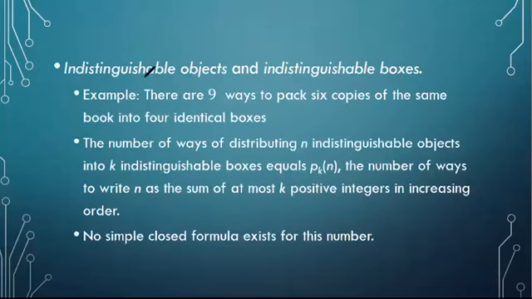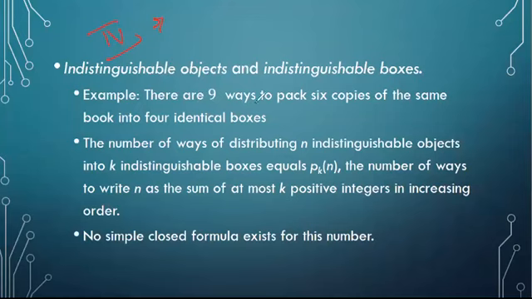Similarly, for the last case where both the objects and boxes are indistinguishable, there is no formula. This is your fourth case. That is, the third and fourth cases don't have any formula. We have to find it by taking the different combinations.